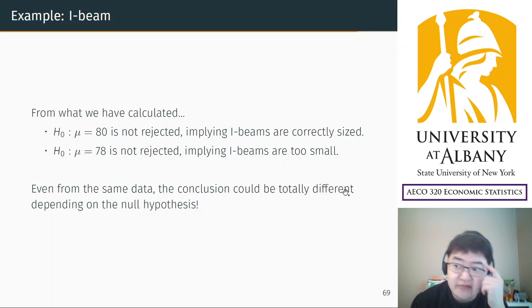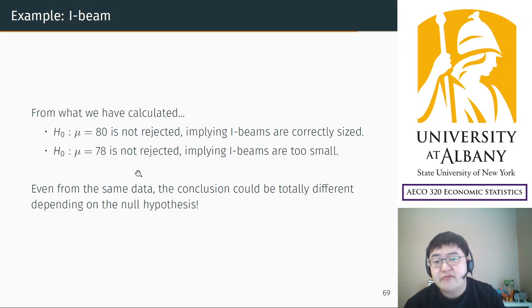So the main purpose of this exercise is to see this. We considered two different hypotheses. At the beginning, first we considered the hypothesis that mu equals 80 millimeters. And when you use a 1% significance level, it was not rejected. So 80 millimeters was not rejected, which implied the I-beams are correctly sized. So if you use this null hypothesis and 1%, the I-beams are okay.